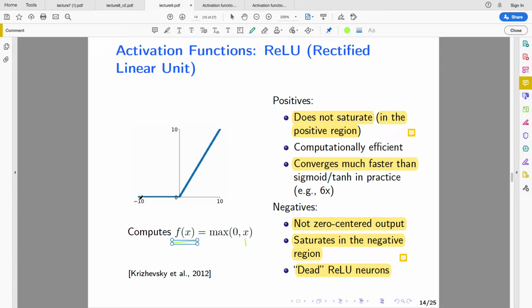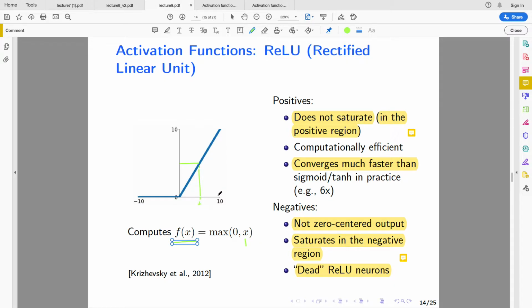As you can see here, if x is -10, the value will be 0 on the y-axis. When x is 0, it is 0. But when x is positive, then the value will just be the same. You can trace it to the y-axis; the value will just be the same as the value of x.